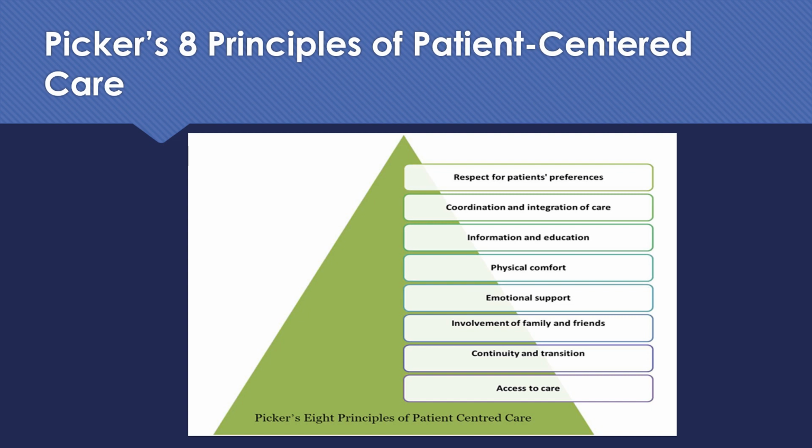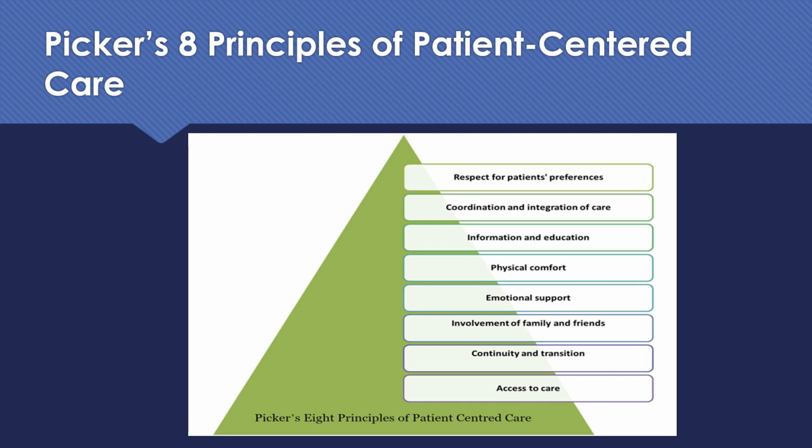For information and education, patients expressed their worries that they were not really being informed about their prognosis and their condition completely. So we want to make sure that we give them all of the information that they need to make a good decision about their health care. This also helps to alleviate some of their fears.